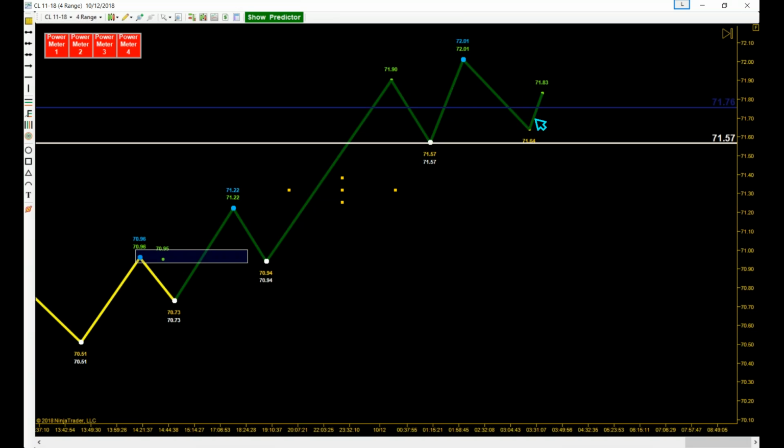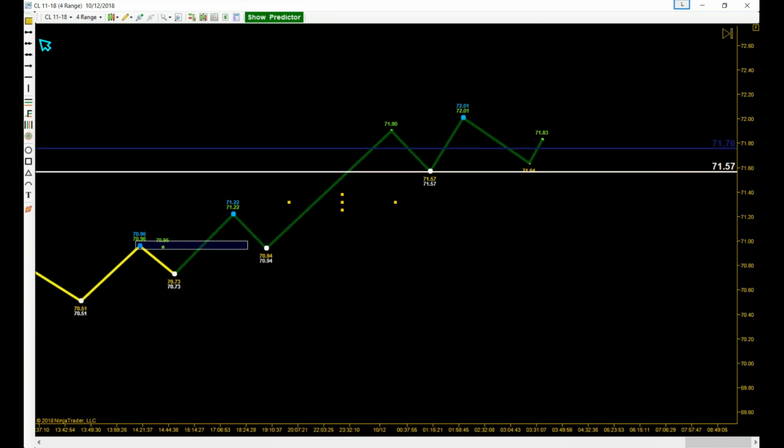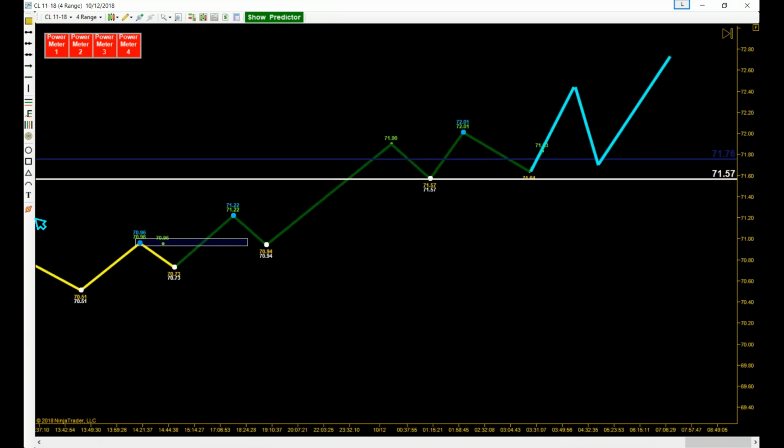And the answer is yes, because what if this hypothetically instead gave this higher low here and did this instead? And then did this and never took that out and did this again? Wouldn't that still be considered an uptrend? And the answer to that is yes. But that's not what it did do.